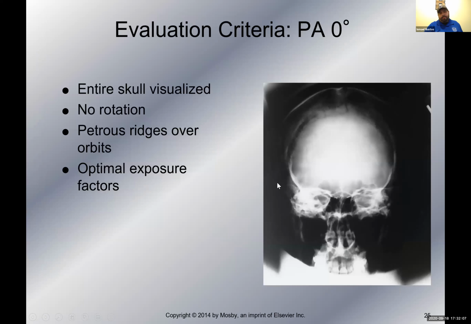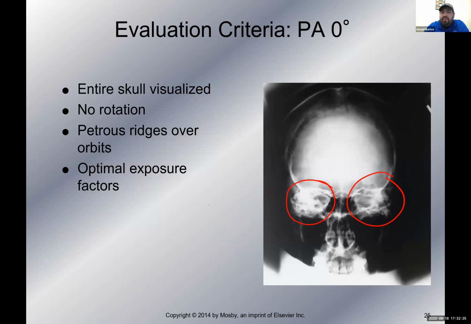This is what it looks like. The entire skull visualized. You want to make sure there's no rotation. And again, these are my orbits filled with the petrous ridges or petrous pyramids. That tells me that I had a 0 degree angle between the CR and the OML. The CR was parallel to the OML.